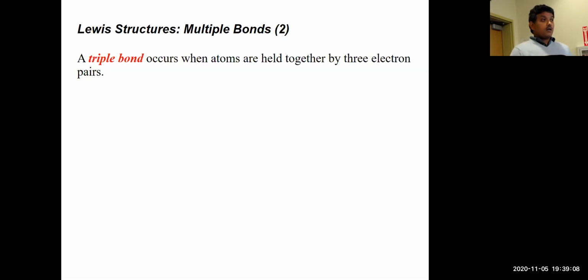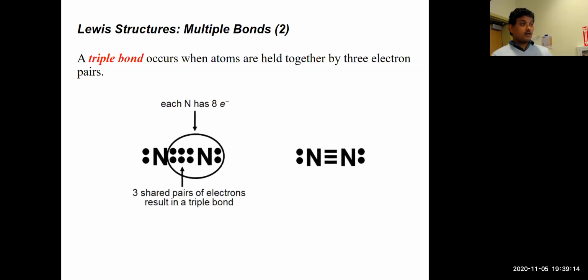So a triple bond occurs when atoms are held together by 3 electron pairs. An example is a nitrogen sharing 3 electron pairs with another nitrogen. Here you see 3 electron pairs. Let me rewrite it in another style, maybe that makes more sense.